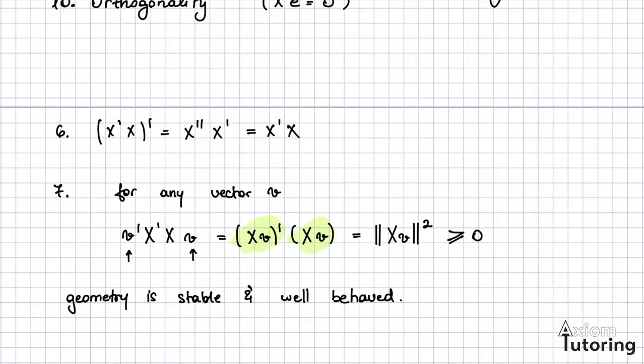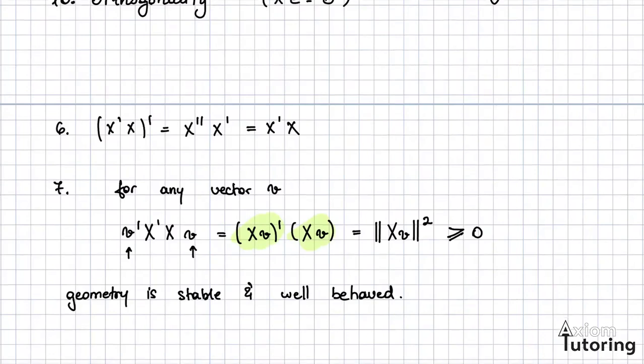Also, if X has full column rank, like we have mentioned in trick number 5, this squared length is 0 only when v is actually equal to 0. So that's when your X prime X becomes positive definite and invertible.